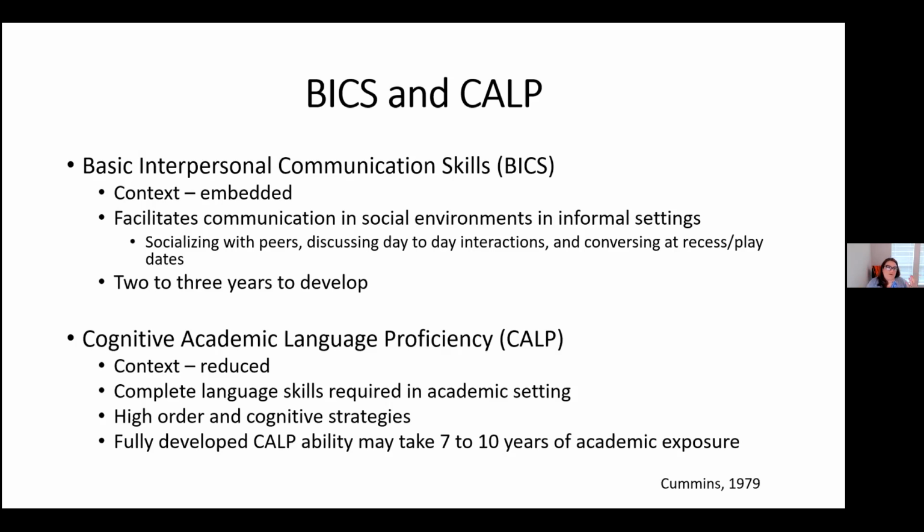So thinking about basic interpersonal communication versus academic language and how long it takes, because that's going to really inform what measures you're selecting to test, and really think about what is their language development specifically in English, and if you can test it in Spanish or the other language, that's amazing as well. But holding it in context of language development is really important.